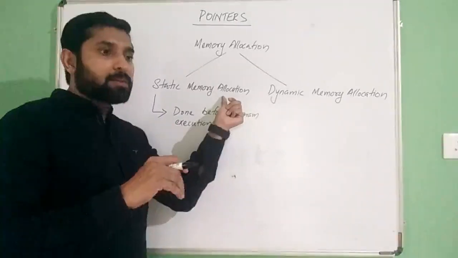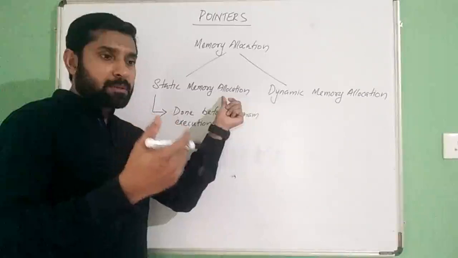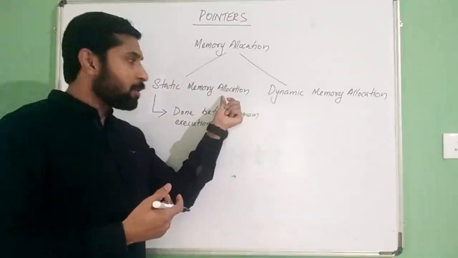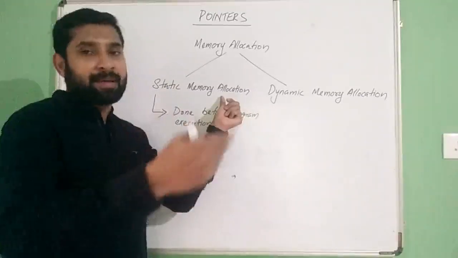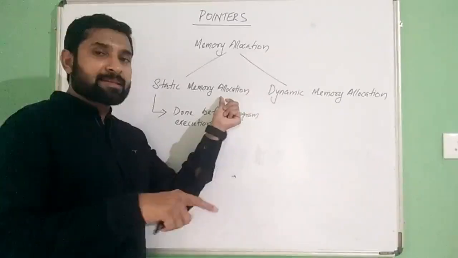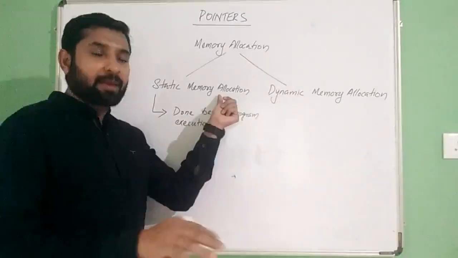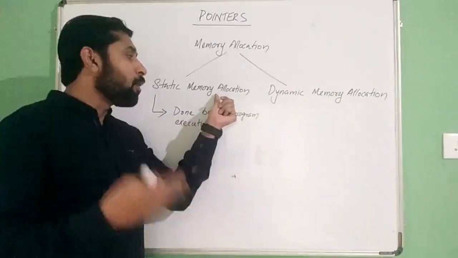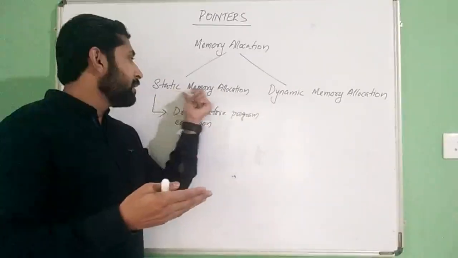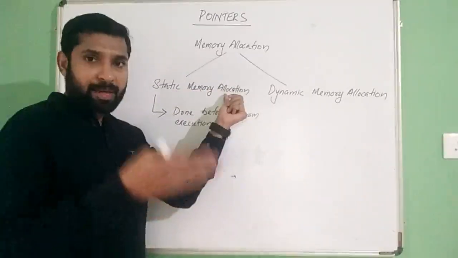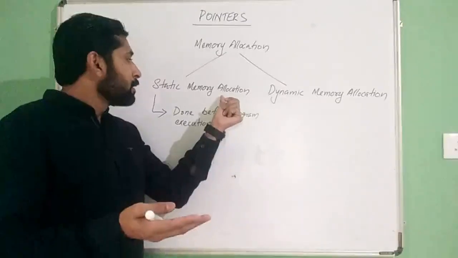Suppose some situation occurs that requires us to store 15 data. In that case, that program fails. We cannot reserve more memory in static memory allocation during execution.